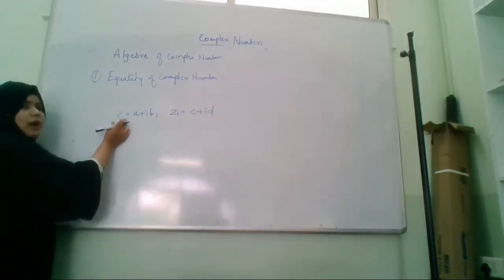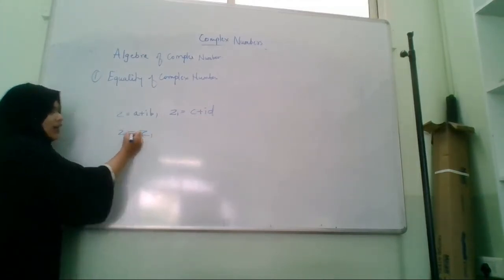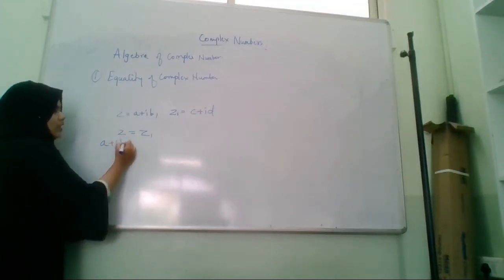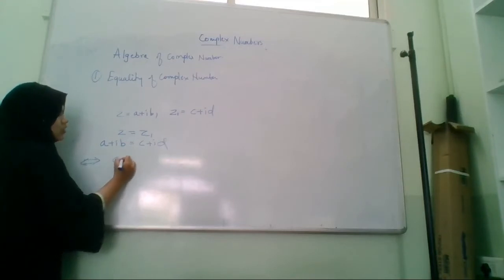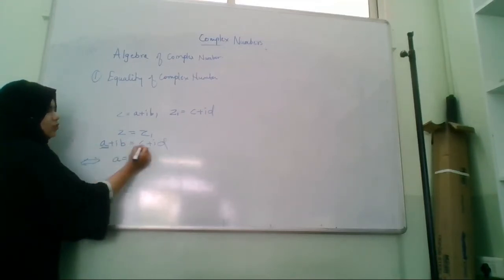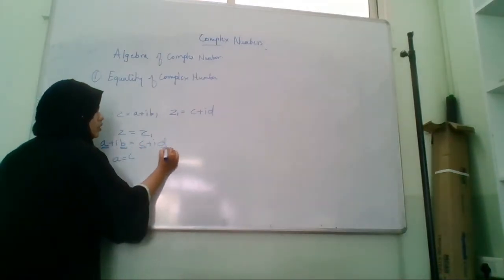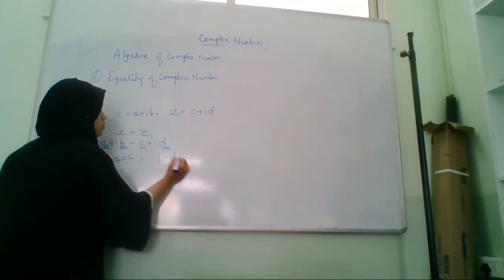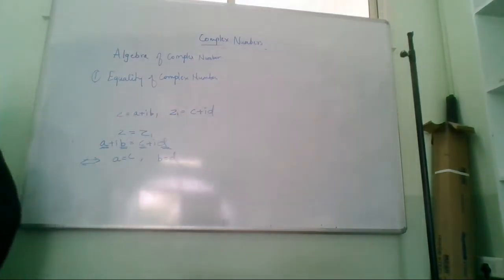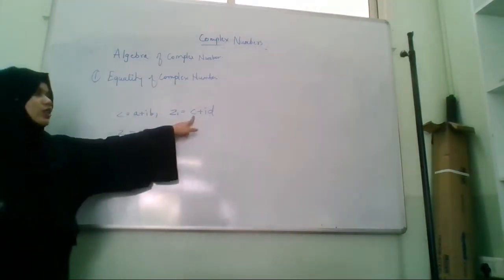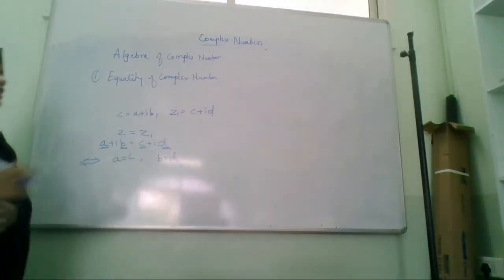So the two numbers z and z1 are said to be equal, that means a plus ib is equal to c plus id, if and only if a is equal to c, the real part equals the real part, and the imaginary part equals the imaginary part. That means b should be equal to d. Then only can we say the two numbers are equal. Only if the real part equals the real part and the imaginary part equals the imaginary part.